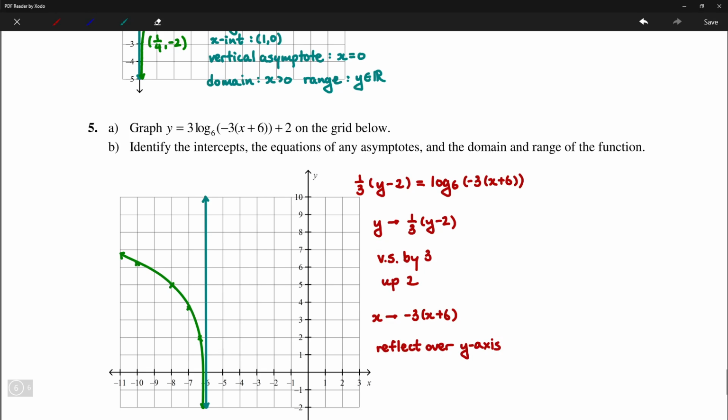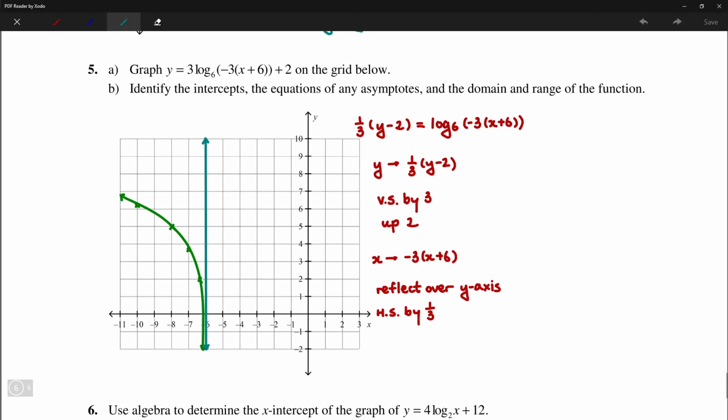Okay. There is a horizontal stretch by 1/3. And finally, the graph was moved to the left 6 spaces. Okay.